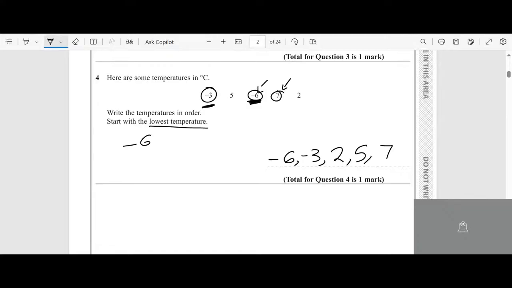Whenever I see a minus on a number and the number seems to be big, then I am supposed to know that it is small. In this case, we say that -6 is the smallest number, according to our review, and that's how we were supposed to be arranging the numbers.